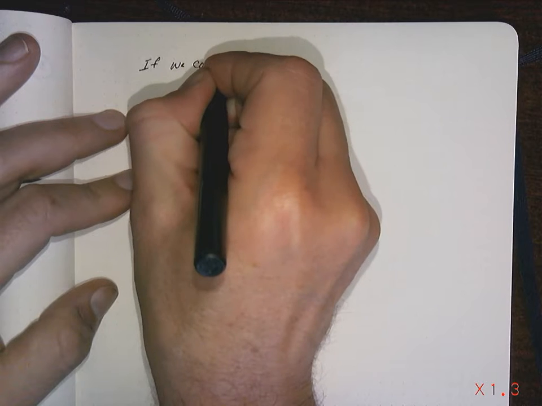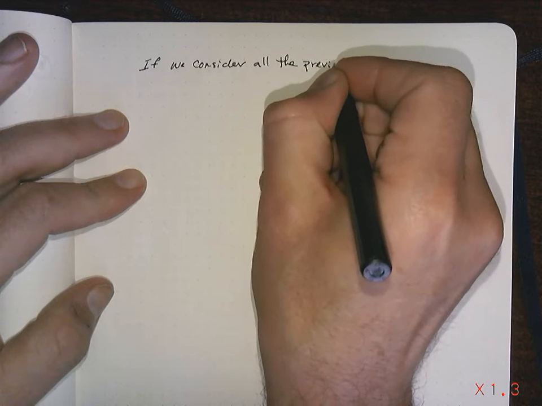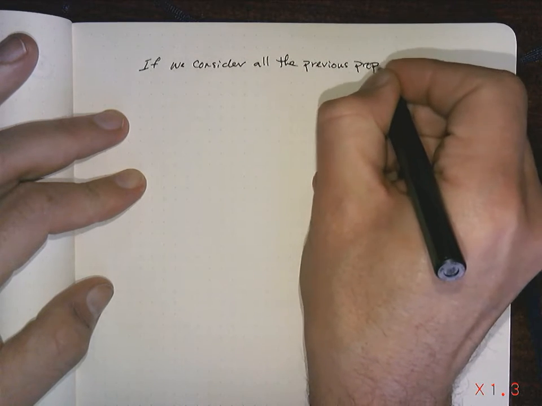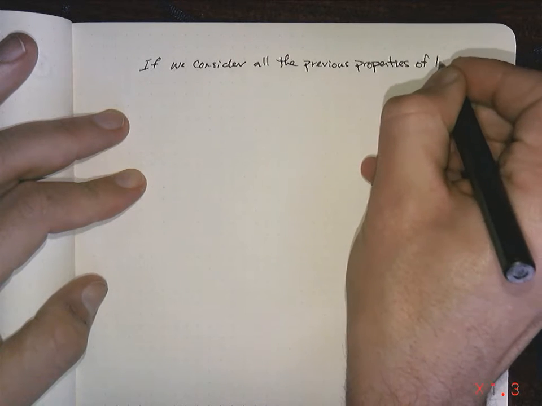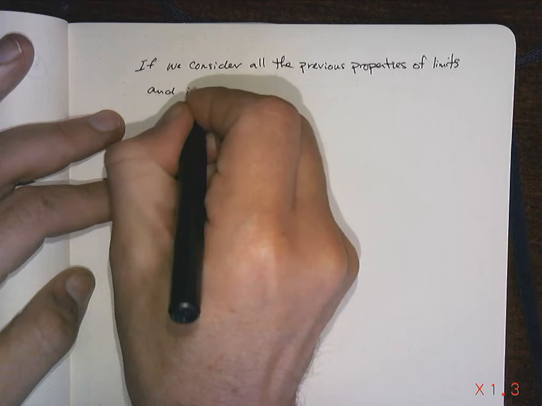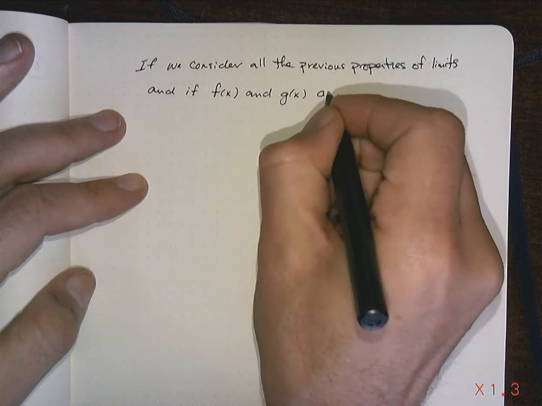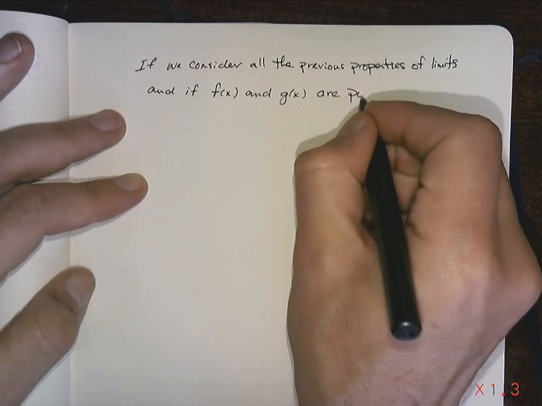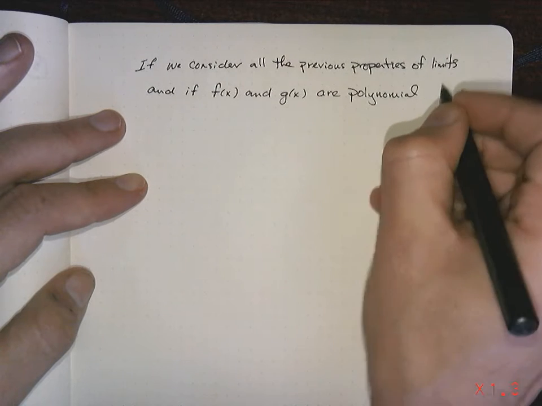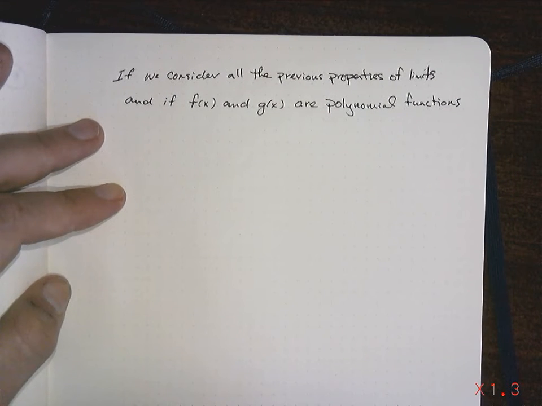So if we consider all the previous properties of limits, and if f of x and g of x are polynomial functions, so there's two things there, okay?